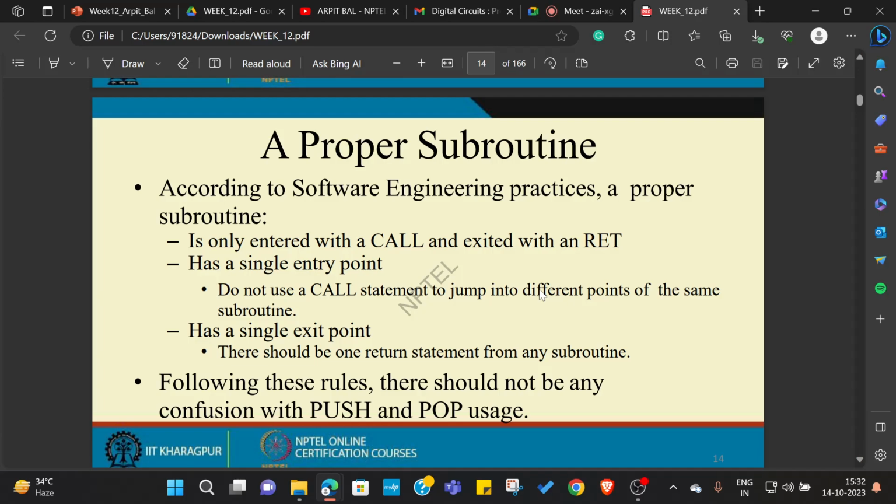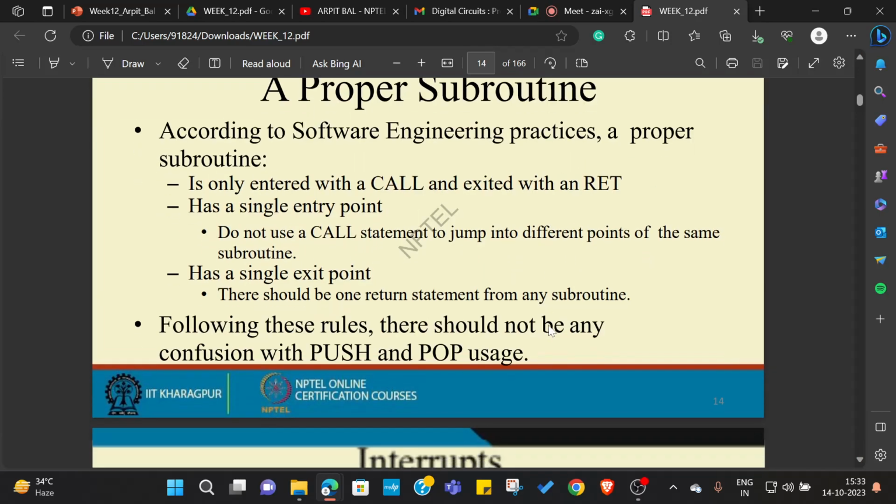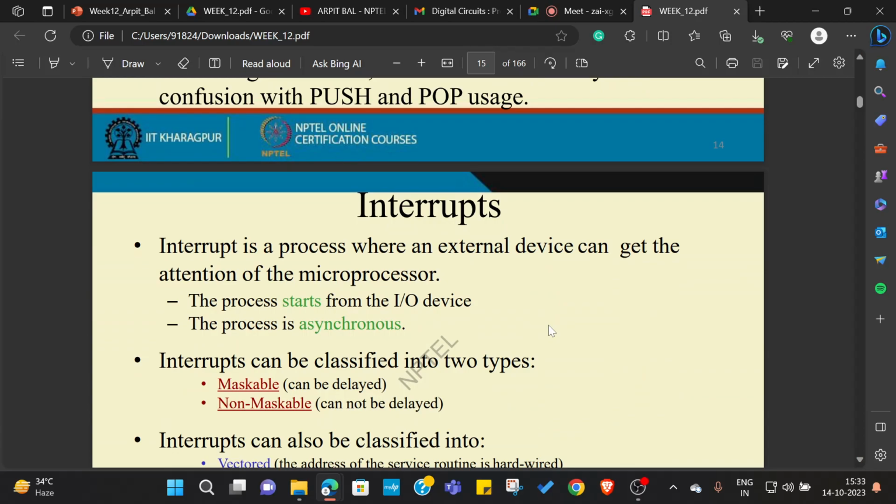Then this is not a good practice. So there should be a single entry point. Do not use call statements to jump into different points of the same subroutine. Okay, this was regarding the call and return instructions that you need to keep in mind.